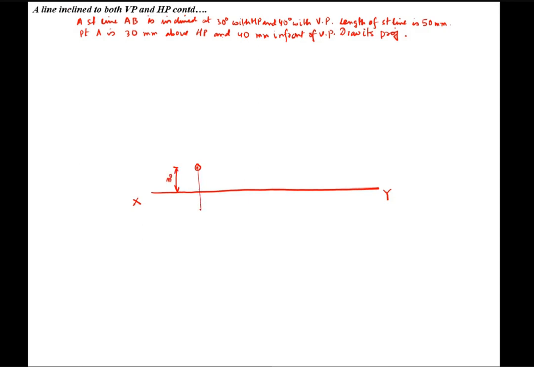I draw the projector, and 40 mm in front of VP. So I have found point A dash and point A. So step 1 is to locate point A dash and A.